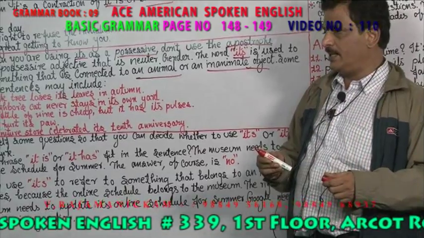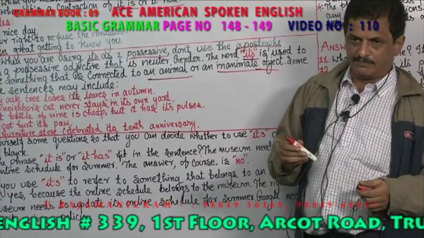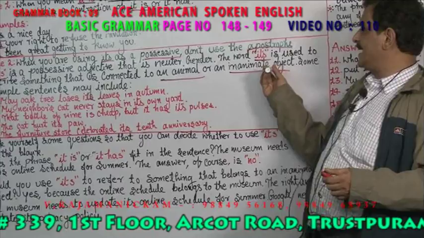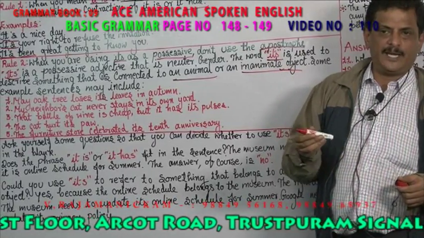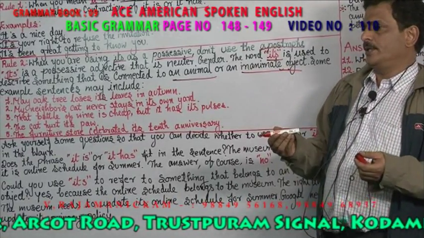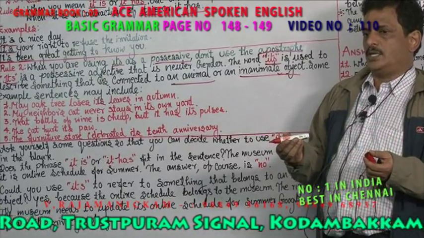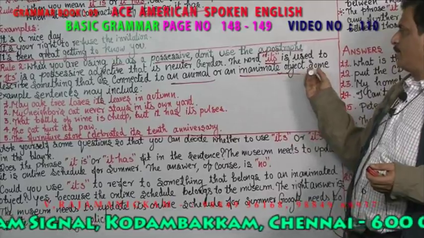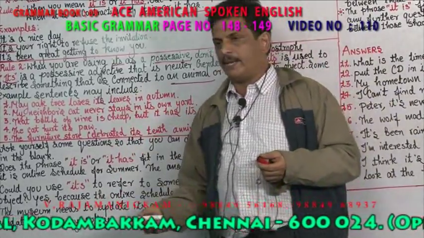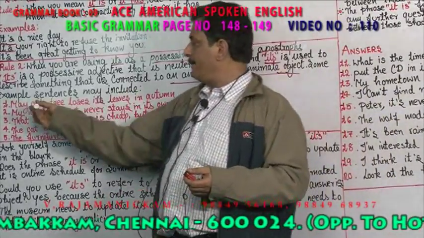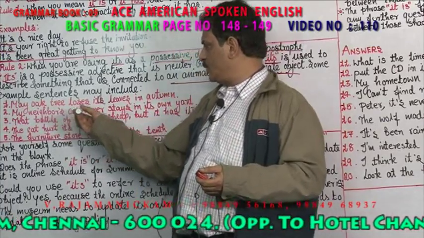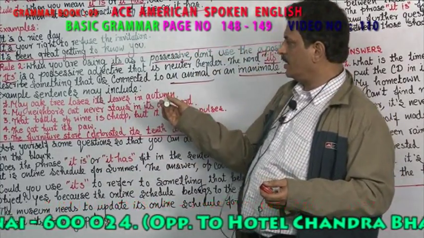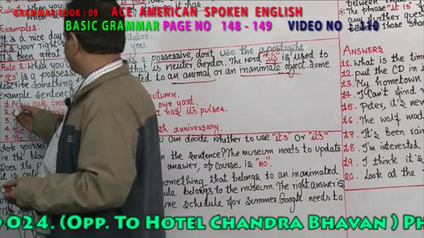What do you mean by animal? So lion, a tiger, birds, everything. And inanimate means what? Maybe a car, a house, which doesn't have life. So animal or an inanimate object. Some example sentences.